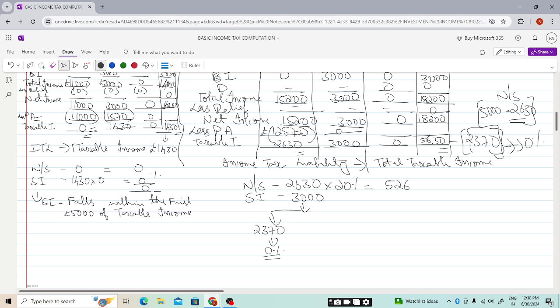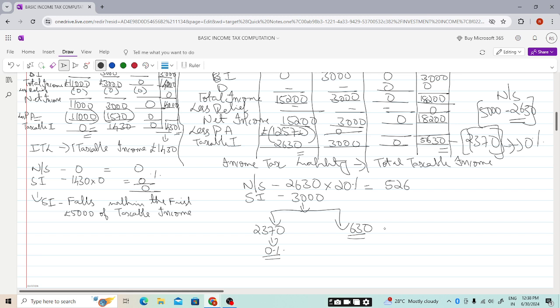First 5,000 of the taxable income. And what is the rest amount? 3,000 minus 2,370. This will be 630. This 630 we must see further.